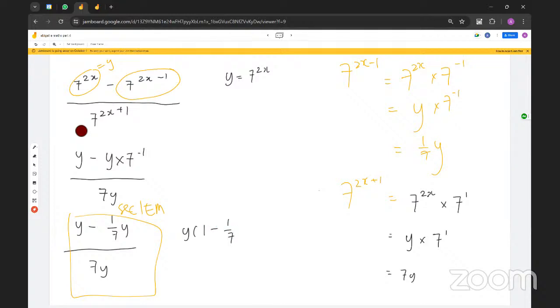Nothing wrong with that. Now, what is 1 minus 1 over 7? Please, it's not a big deal. Change it into something even simpler. Right, and now write it in a more familiar form, 6 over 7y. And you would be correct.